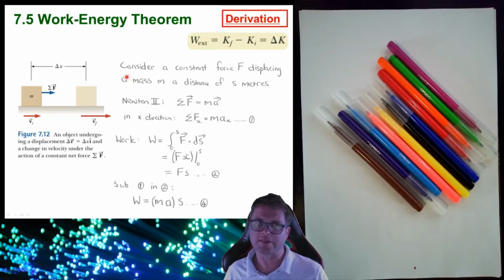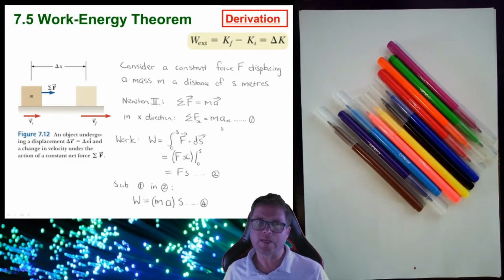The derivation I've written out here: consider a constant force displacing a mass m over a distance of s meters. Firstly, we can apply Newton's law, and simply in the x direction that will be given by equation 1.